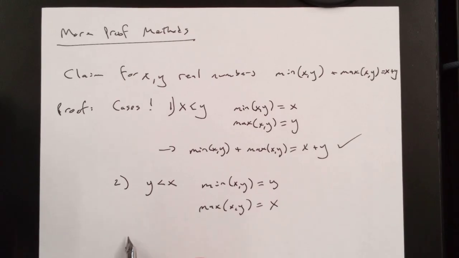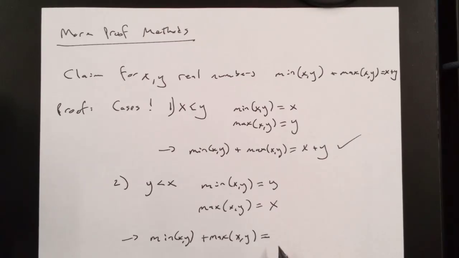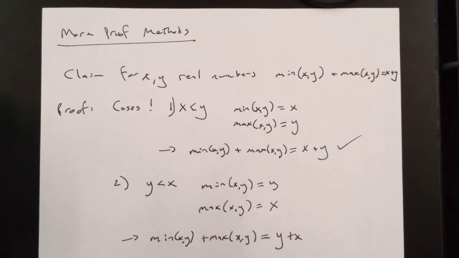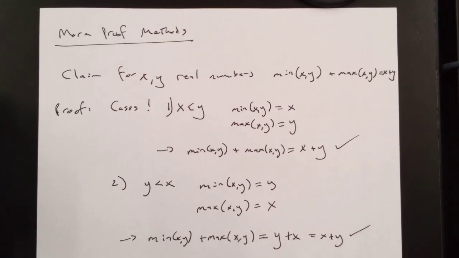And then, when I do minimum of the two plus the maximum of the two, what do I get? Careful, because what I actually get is y plus x, but I know that the order in which I add doesn't matter, so that's the same as x plus y, which means I got what I wanted.